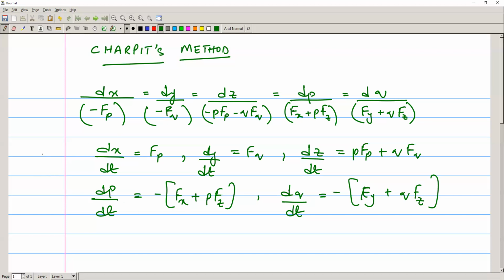So we use these conditions in the Cauchy's characteristic method for solving nonlinear differential equations.